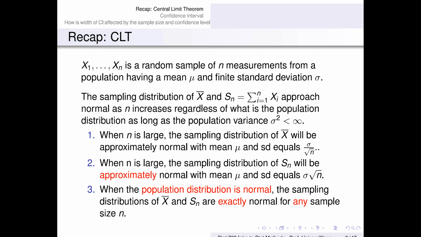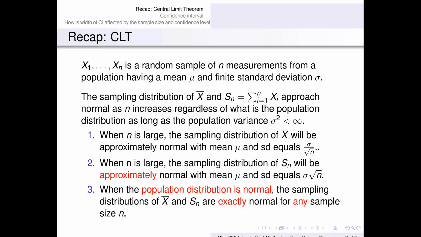If the sample size is not large, in some cases we would quite often assume that the population is normal. If the population is normal, that means that x1, x2 through xn have normal distribution with mean mu and variance sigma squared.